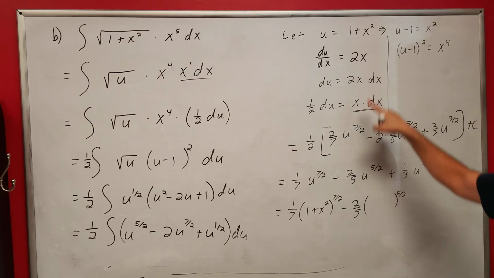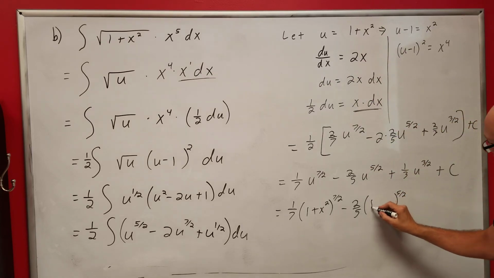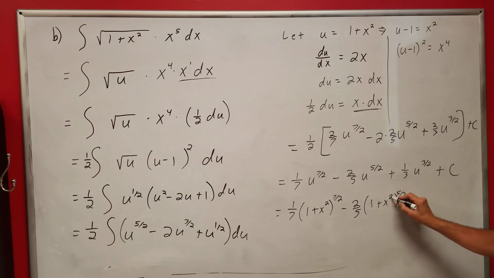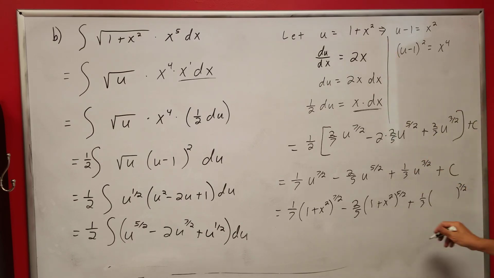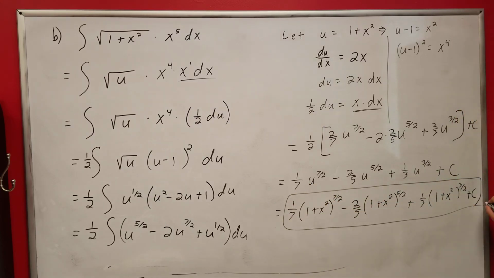But what's u again? 1 plus x squared. Plus this 1/3 times u to the 3/2. u again is 1 plus x squared. Plus my arbitrary constant c. Whoo! Tough problem there. Learn how to do these though.